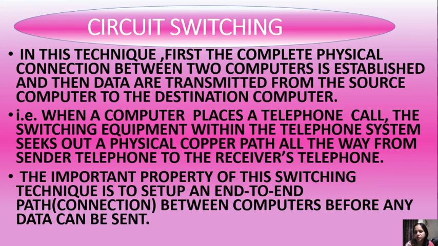Suppose I am sending you a message. It means my system is the source system, and your system, which is receiving the message, is the destination system, the destination computer. So first, there should be a physical connection between two computers or two systems, and after that data can be transmitted.